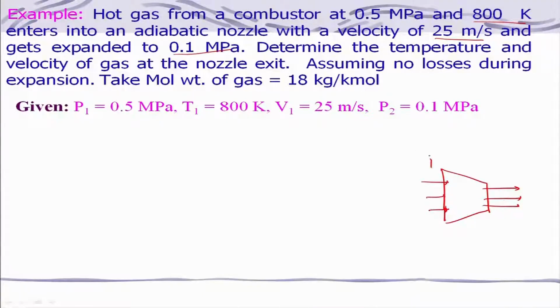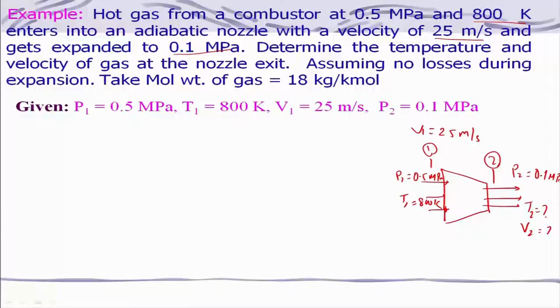This is station 1, where V1 is 25 meters per second, P1 is 0.5 megapascal and T1 is 800 Kelvin. This is station 2, where P2 is 0.1 megapascal, and I need to find out T2 and V2, right. So this has to be found out.